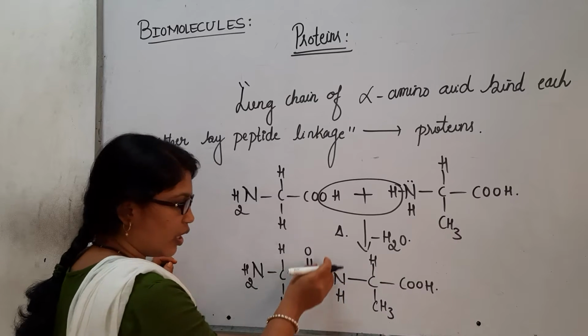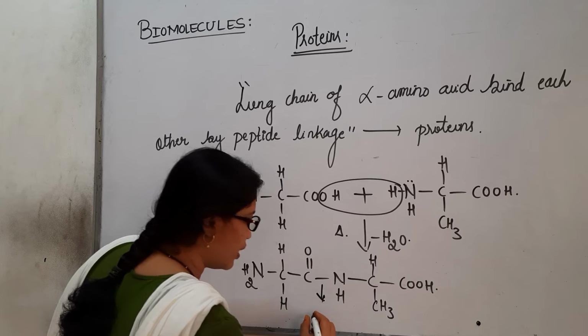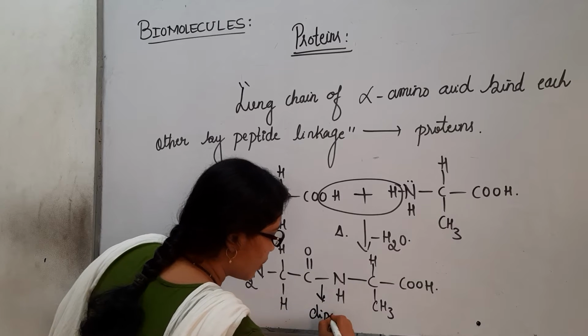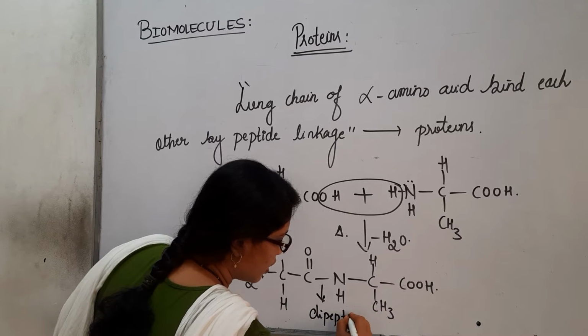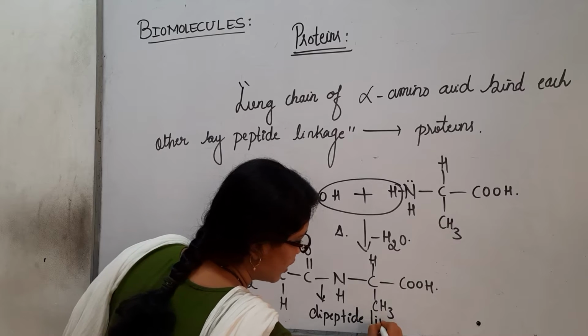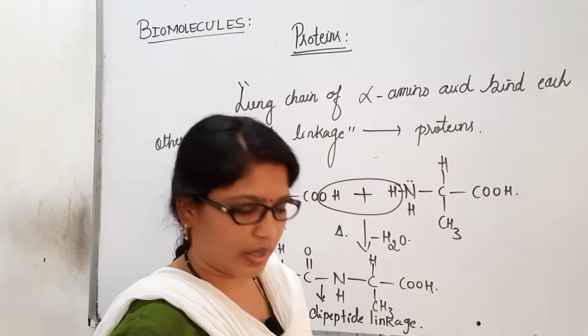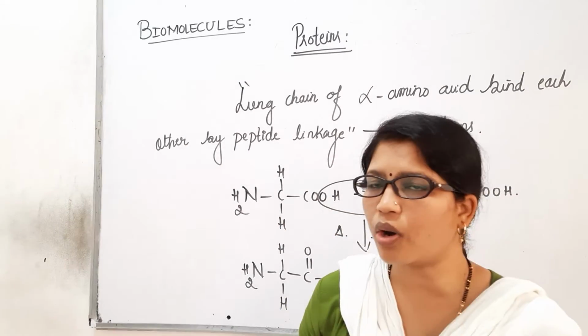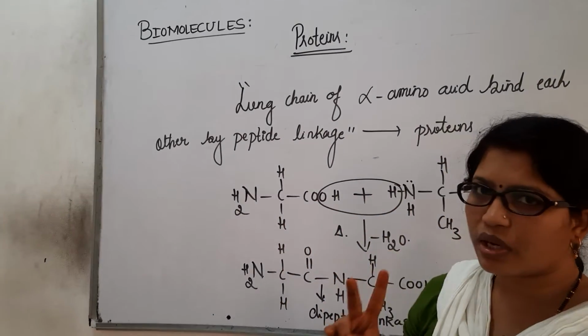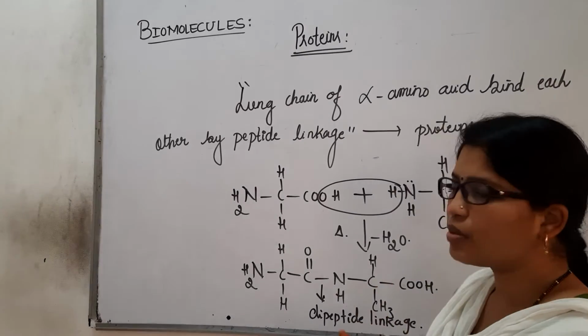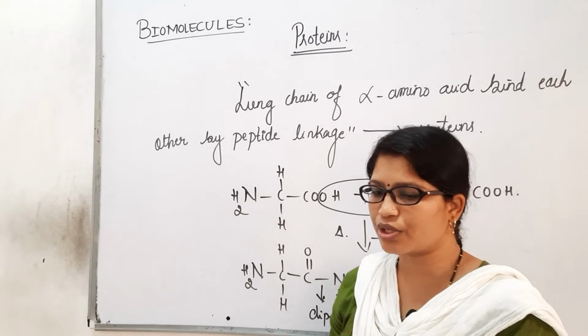This linkage we call a dipeptide linkage because two amino acids are in combination, giving us a peptide bond. As only two are involved here, we call it a dipeptide linkage.